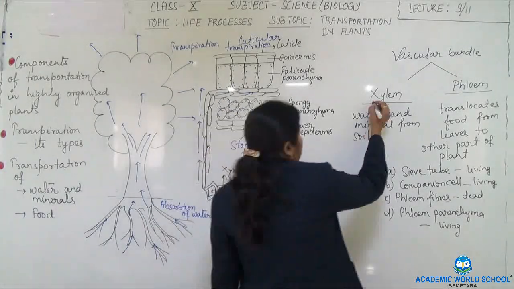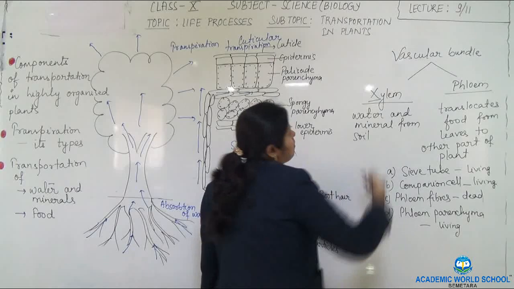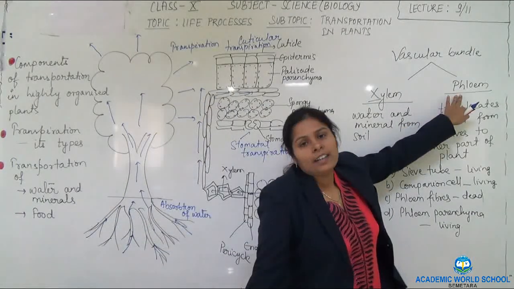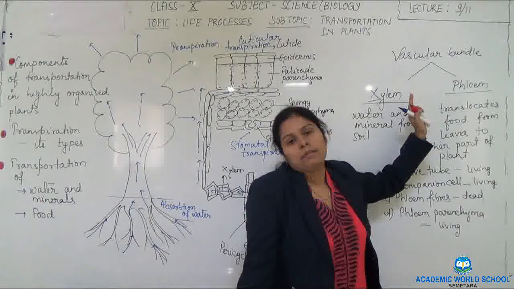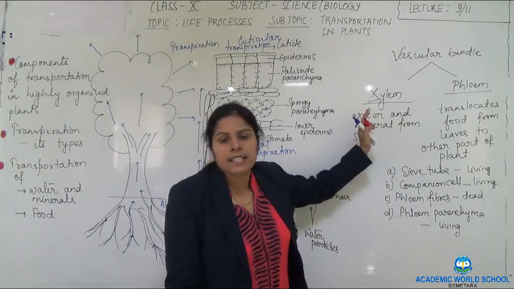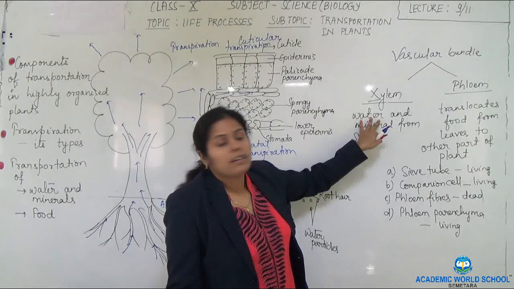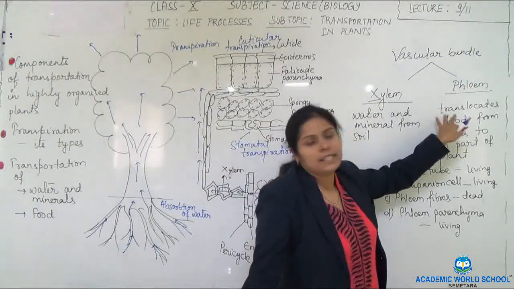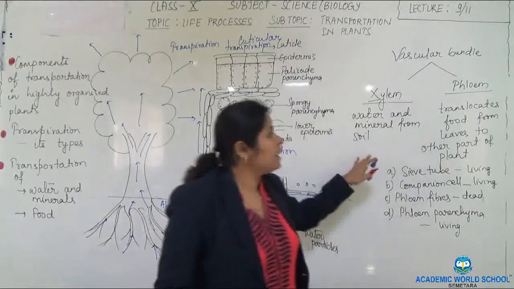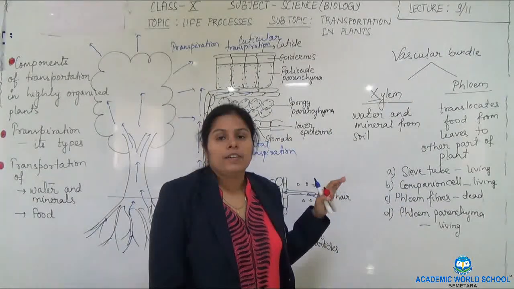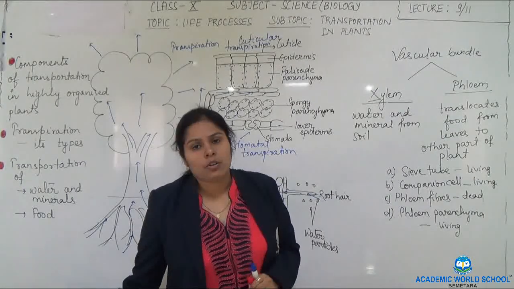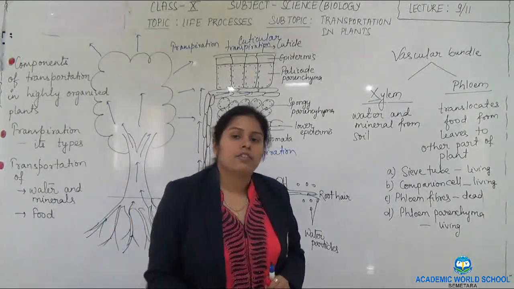See here we pronounce it as xylem, so you can understand that z, jal, water, and phloem for food. So in this way if you remember, you won't forget the function easily. So xylem conducts or transports water and mineral, phloem translocates food. So these are the two components of vascular bundle that will help the water to move from the soil to different parts of the plant.